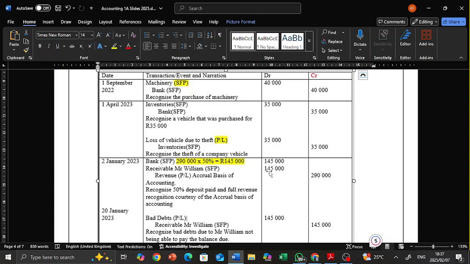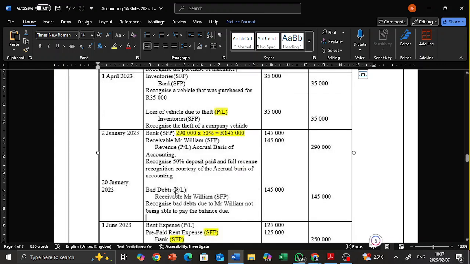Mr. Williams said, hey guys, I can't give you the other 145K because I'm broke. For example, I will make sure that we do this example at some point in the future so that you know where everything is coming from. So what do we do in that case? We have to increase our bad debts expense, right?